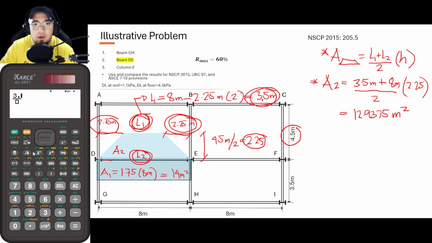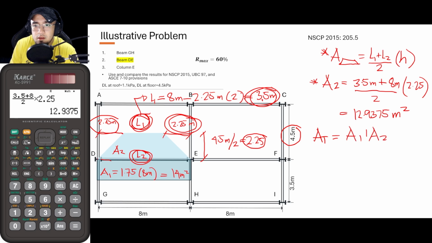So 3.5 meters plus 8 divided by 2 times 2.25 gives 12.9375. Okay. So in total, the tributary area of that beam is equal to the sum of both areas. Substituting known values, that is 14 plus 12.9375.